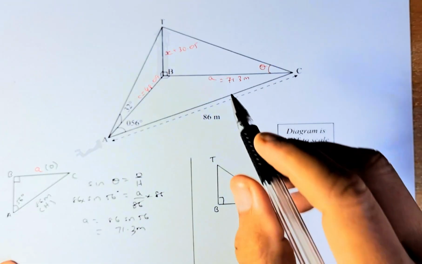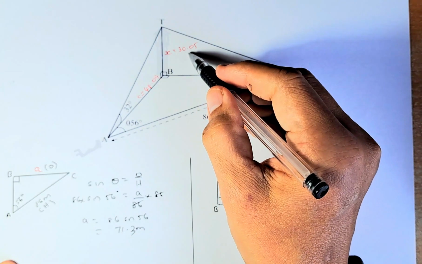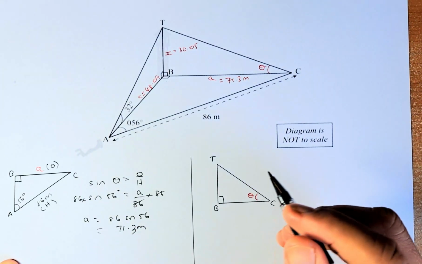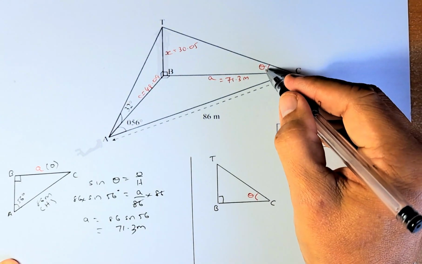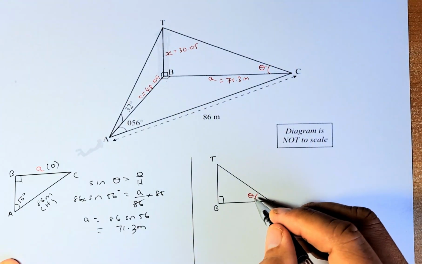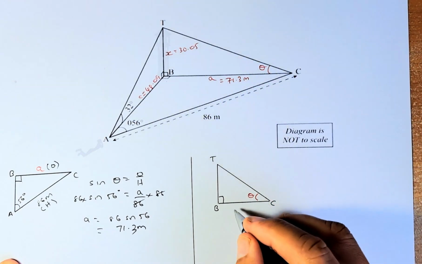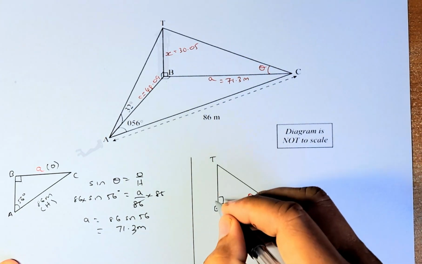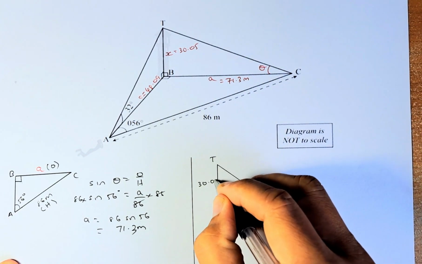Now we know this length, and we know the height of the tower is 30.05 from the previous question. We can calculate angle theta. We take the triangle TBC and find angle theta. The length is 71.3 and the height from the previous question is 30.05.